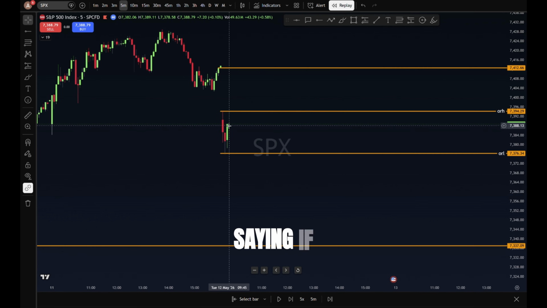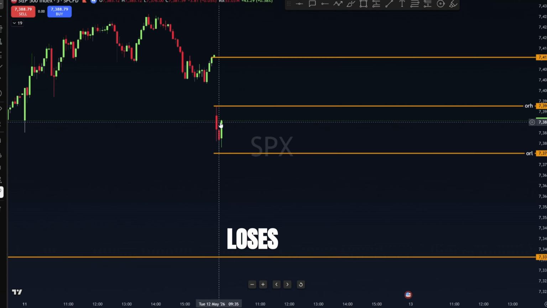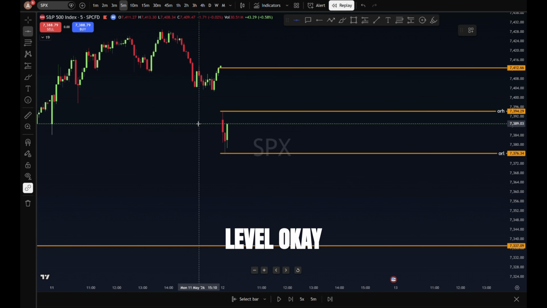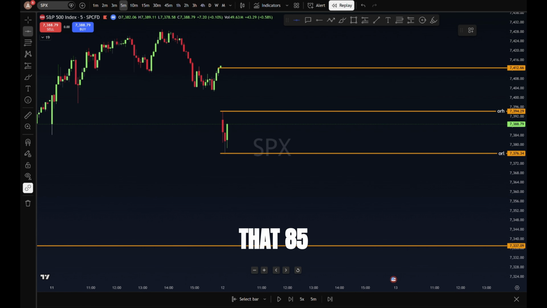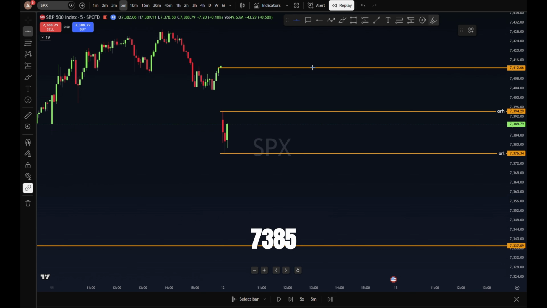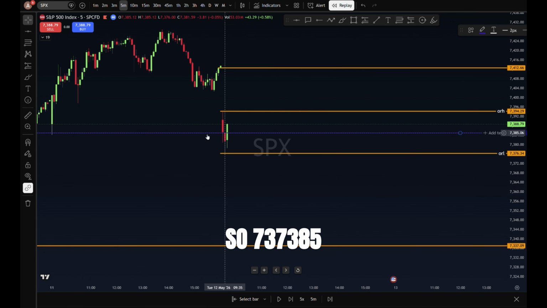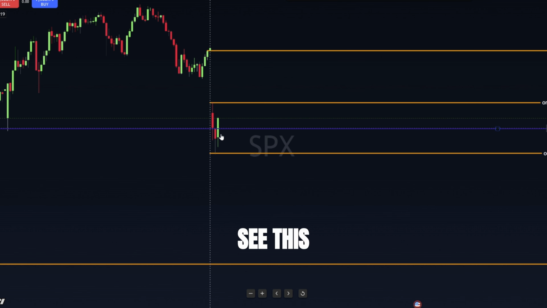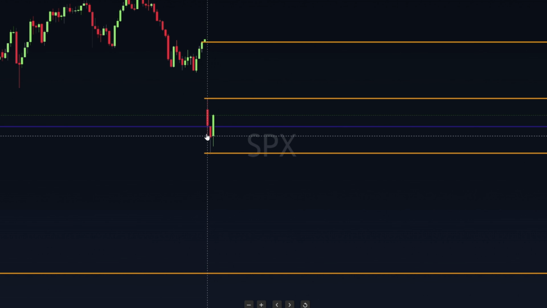So basically it's saying if SPX loses this level, so let's mark this level, 73.85. As you can see, once the market opened, it already lost this level.